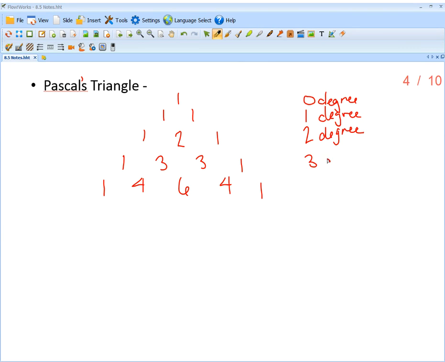If we have something to the third degree, we have 1x cubed plus 3x squared y plus 3xy squared plus 1y cubed. So this is what's really helping us find all those coefficients, not necessarily the exponents, but the coefficients of the binomial expansion.